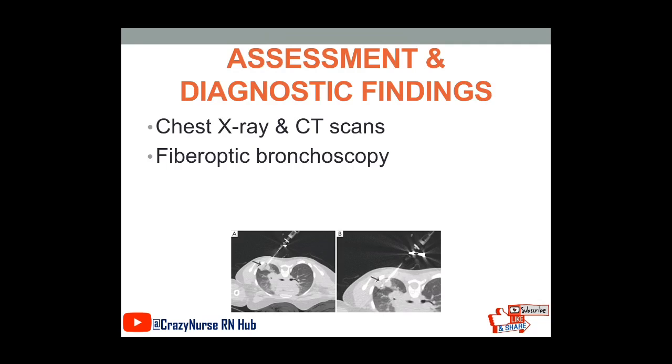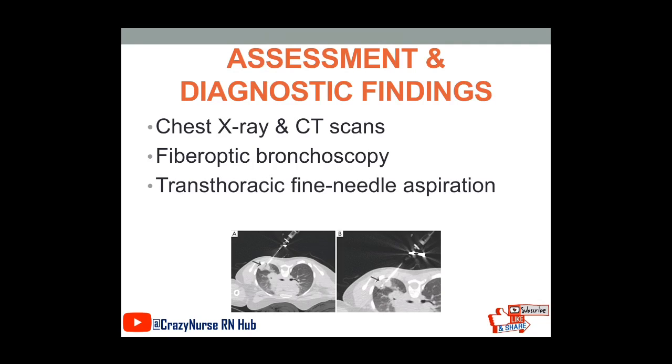For peripheral lesions not amenable to bronchoscopic biopsy, a transthoracic fine needle aspiration may be performed under CT guidance to aspirate cells from a suspicious area. And a variety of scans may be used to assess for metastasis of the cancer.